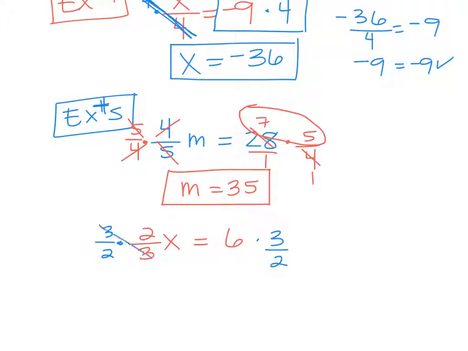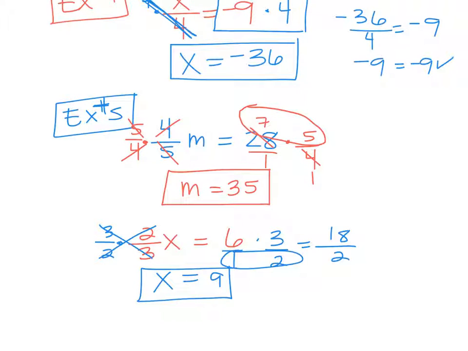So this cancels and this cancels. You all right? So 6 times 3 over 2, you can make that 6 over 1. 6 times 3 is 18. 1 times 2 is 2. What's 18 over 2? 9, right? 9 over 1, which you can just call 9. So your answer would be 9 there.